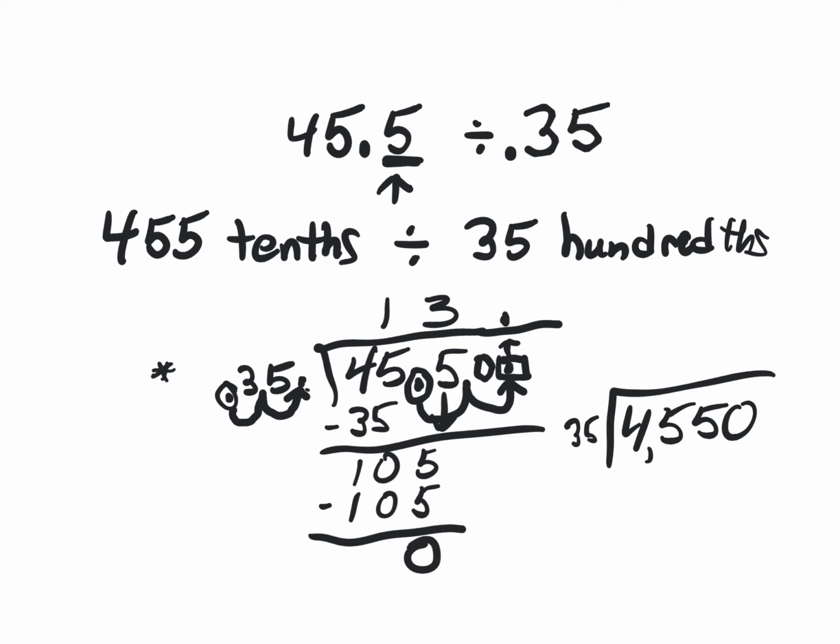Don't forget about this next digit here, this extra 0 that we put in the egg carton. We have to keep going until we're out of digits here. Plus we have this gap between the decimal point and the 3 that we need to fill in. So how many times does 35 go into 0? 0 times, so a 0 would go up here. So the answer is not 13, but it's 130.